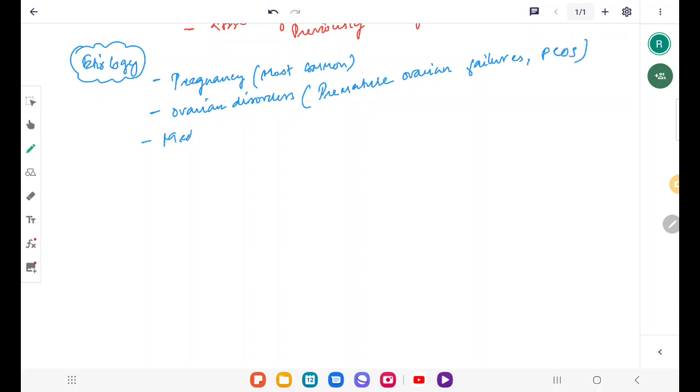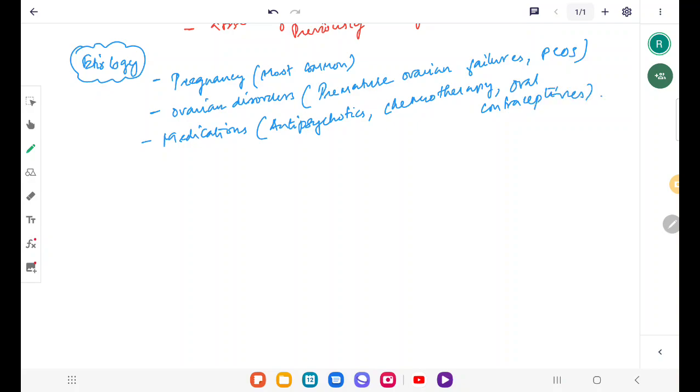And there are certain medications that can cause secondary amenorrhea, such as antipsychotics, chemotherapy, or oral contraceptives. Right? And it could be hypothyroidism.